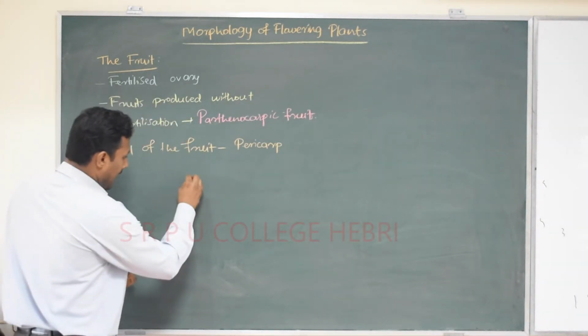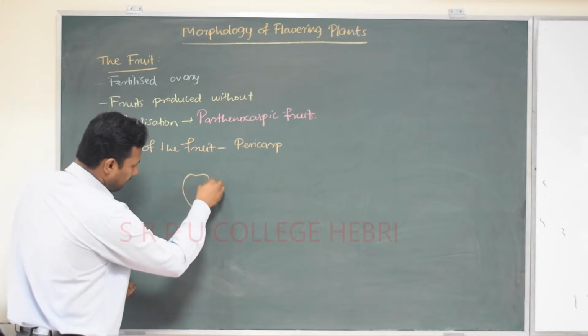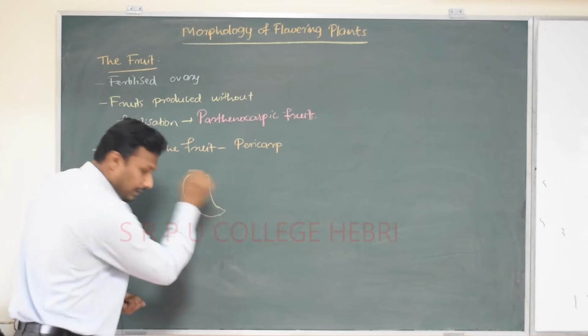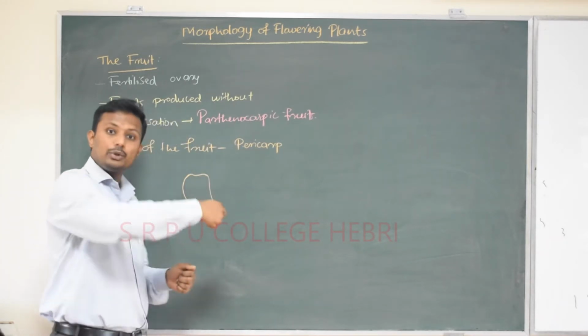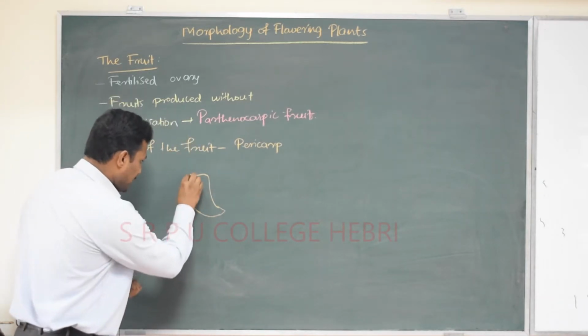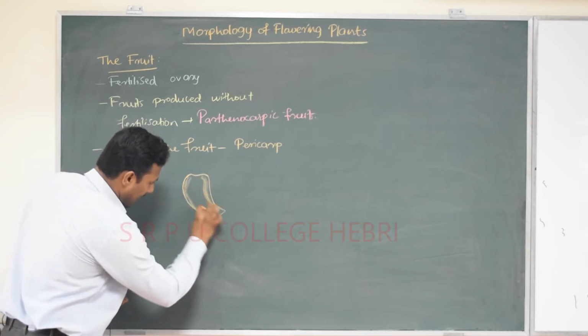The mango. Have you seen a mango? See, in the case of the mango, how it will be? The outermost layer, the skin, okay, that you can easily remove, right? And then you will get what? The fleshy layer here, right, which is very juicy, which is edible, right?